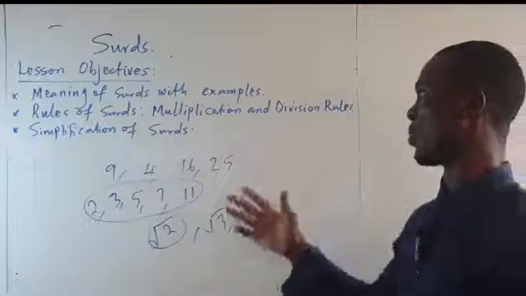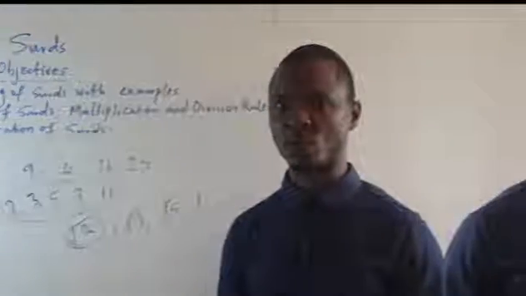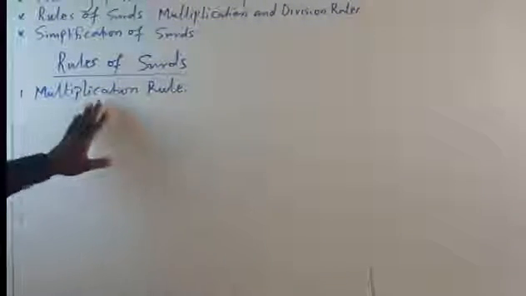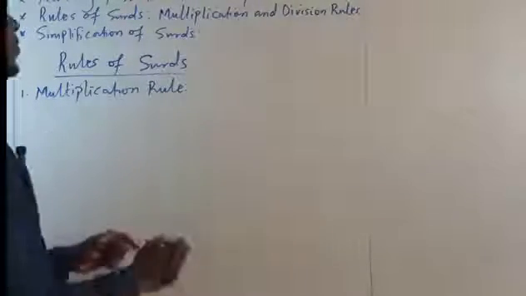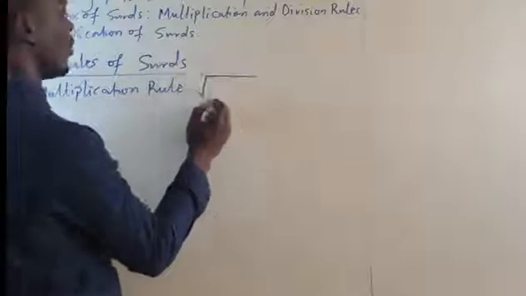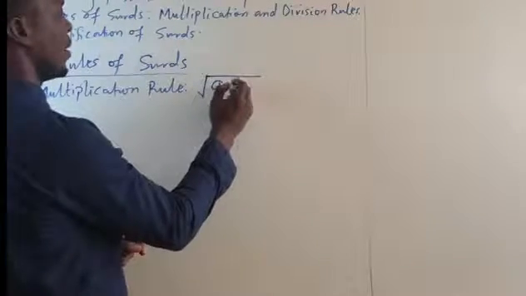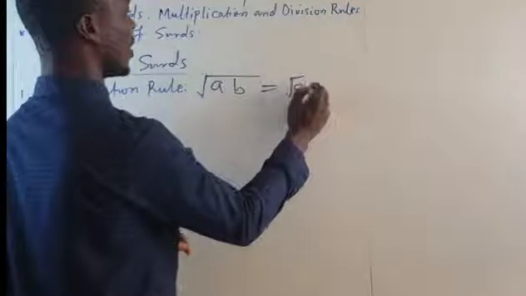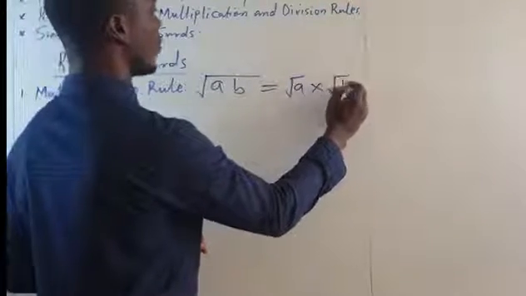Under multiplication and division rules of surds, we have a multiplication rule, and the rule states that the square root of ab is given as the square root of a multiplied by the square root of b.